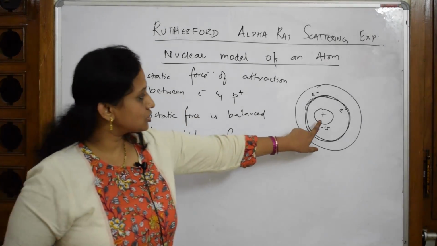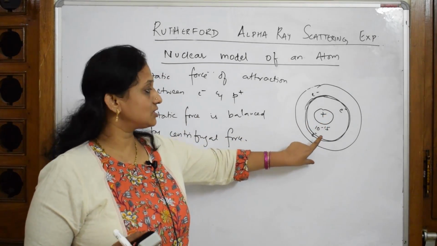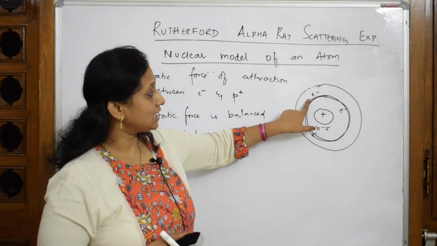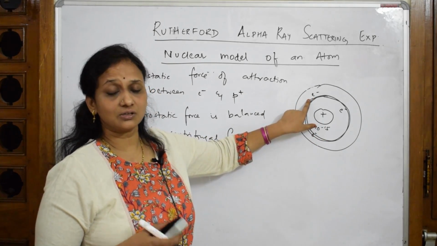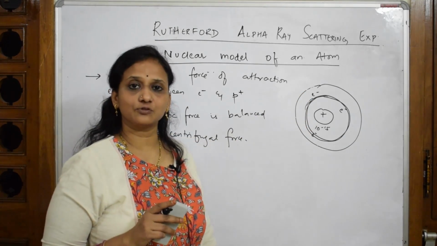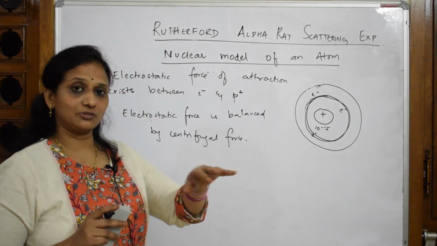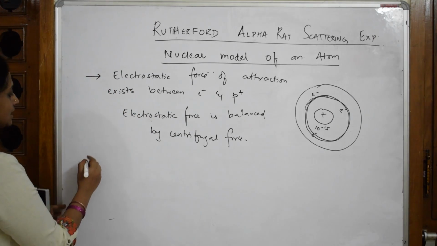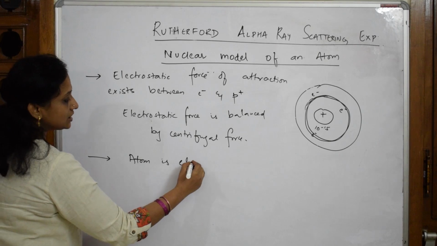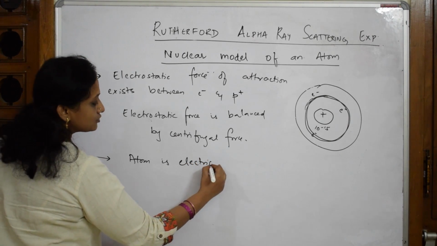So now I spoke about the positive charge, the size of the nucleus and the size of the atom, the electrons traveling around the nucleus in orbits, and the electrostatic force. Now comes the total neutrality. You have to be very careful. He has used the phrase: atom is electrically neutral. You have to justify that.